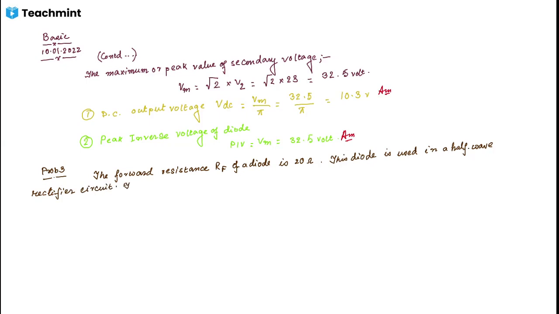The applied input voltage is V equals 60 sin omega t, and load resistance RL equals 800 ohm.